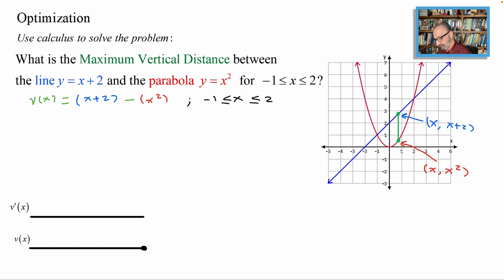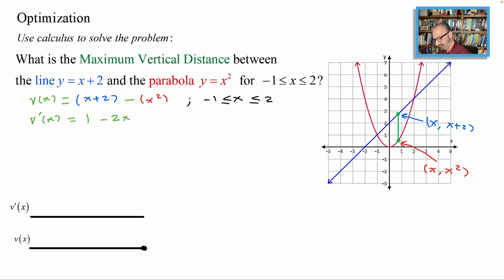So now v prime of x will be the derivative of x plus 2 minus x to the second. Derivative of x is 1, derivative of 2 is 0, minus x to the second, the derivative will give me minus 2x.